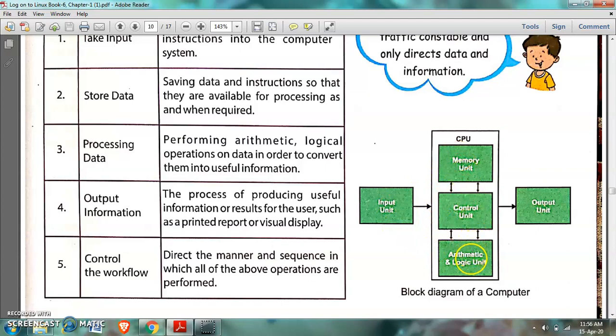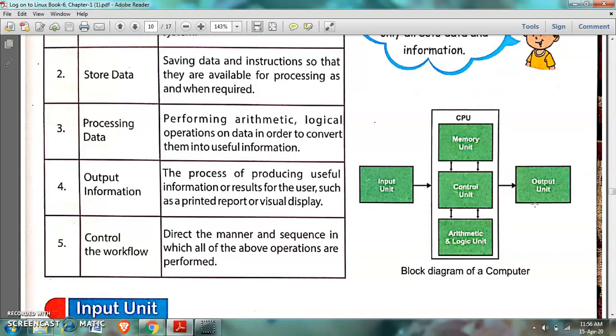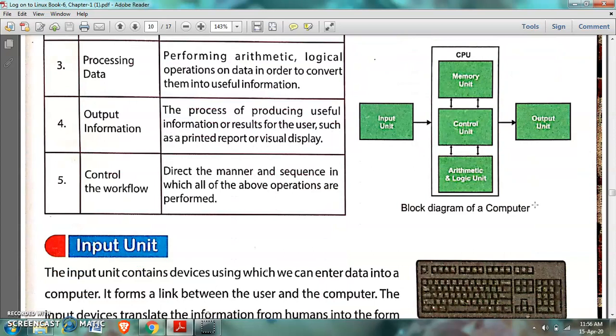Then the CPU, these three units: one stores the data, second controls the data, third operates on or processes the data. After the performance of these three units, the data is sent to the output unit, and the output unit presents the output or result to the user.